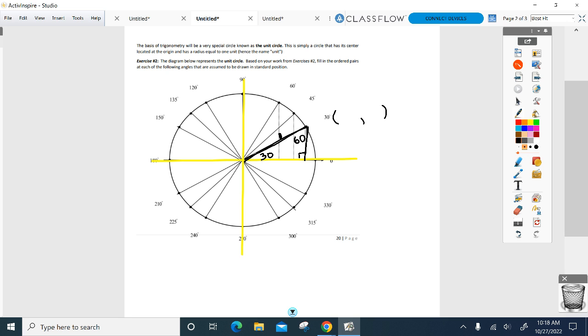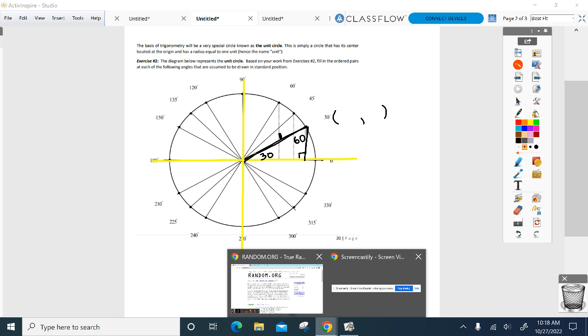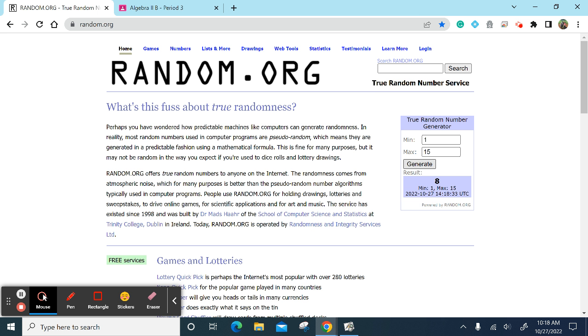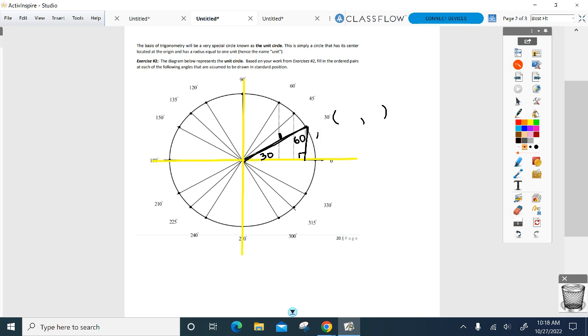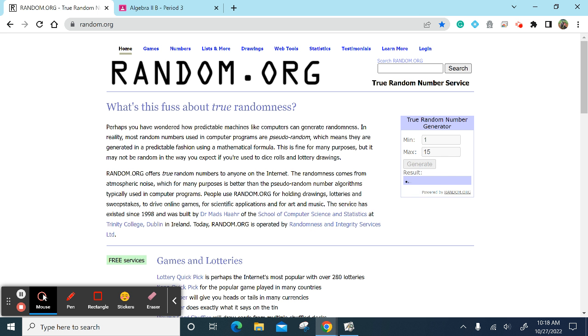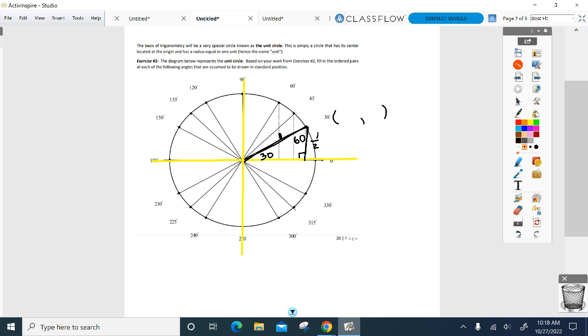And now I need you guys to look back at the top of your paper, where we did the 30, 60, 90 triangle where the hypotenuse is 1. What side was across from the 30? How long was the side across from 30 when the hypotenuse was 1? 1/2. And again, just let me do it up here. And how long was the side across from 60 when the hypotenuse was 1? Square root of 3 over 2.